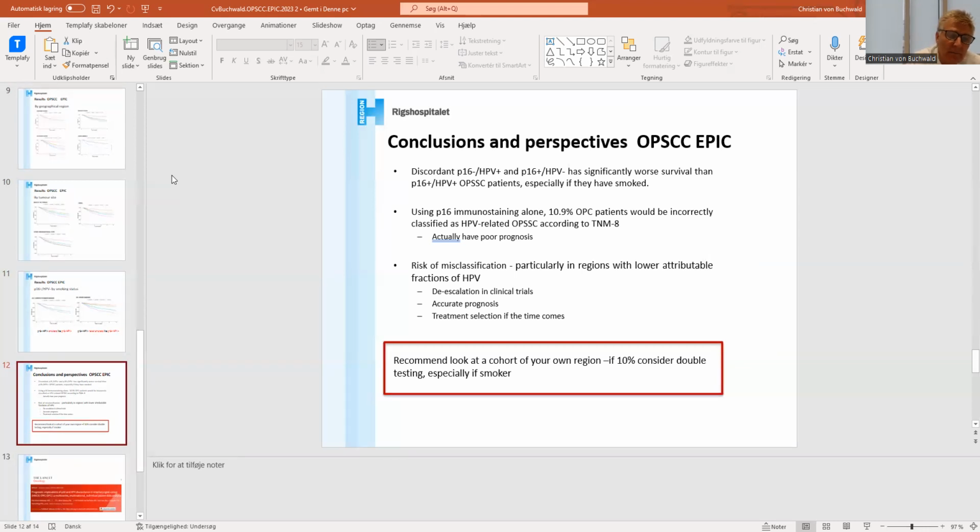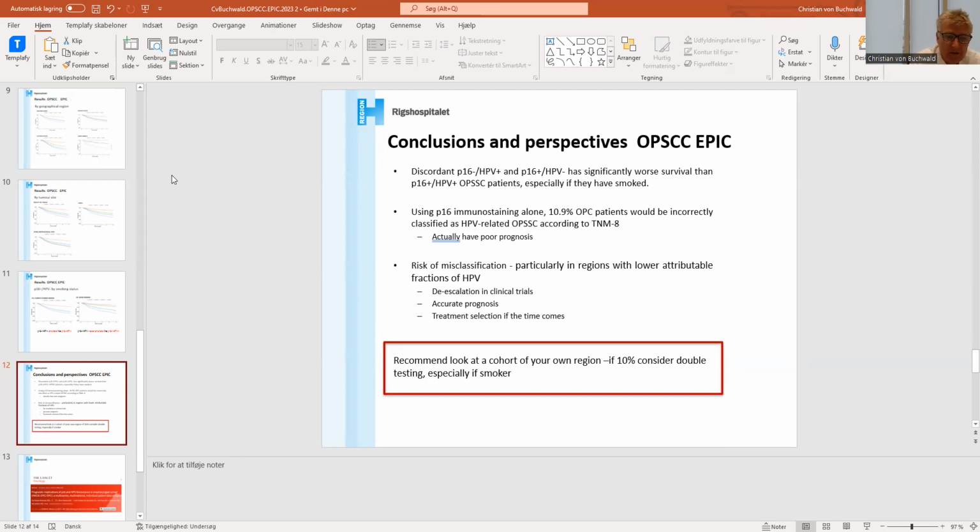If you're using P16 immunostaining alone, almost 11% of oropharyngeal cancer patients would be incorrectly classified as HPV-related or HPV-mediated oropharyngeal squamous cell carcinomas according to the TNM classification 8. And they actually have a poor prognosis.